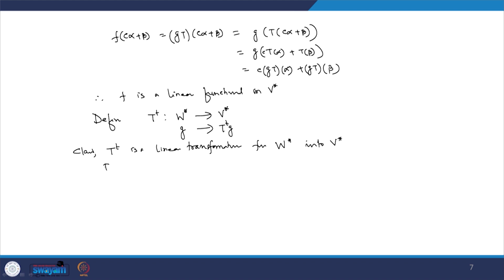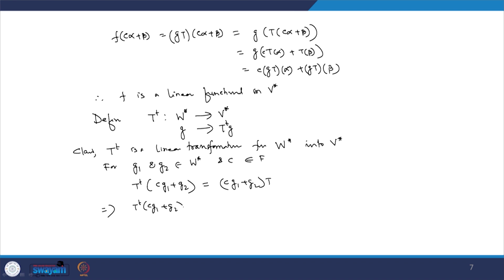Because for G1 and G2 belonging to W star and C belonging to capital F, T t operating on C G1 plus G2 is equal to C G1 plus G2 composed with T. So, T t of C G1 plus G2, operating on alpha for any alpha belonging to V, is equal to C G1 plus G2 of T alpha. According to the definition, this is C G1 of T alpha plus G2 of T alpha.